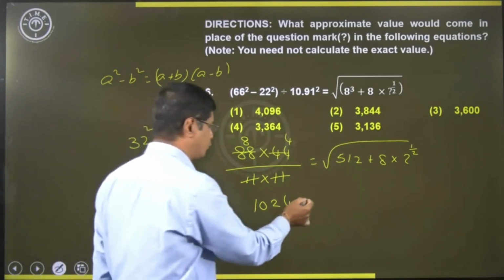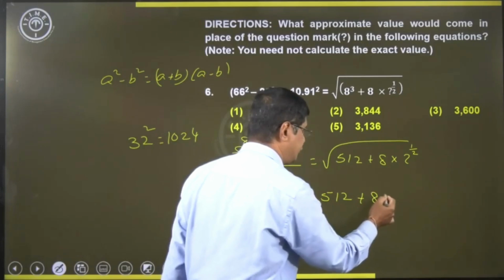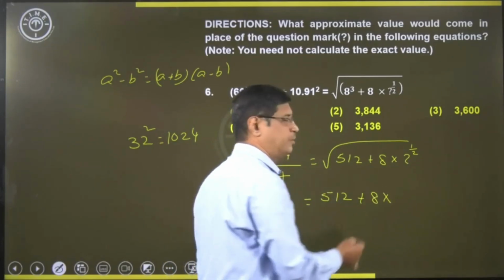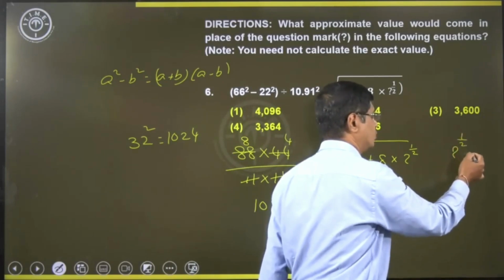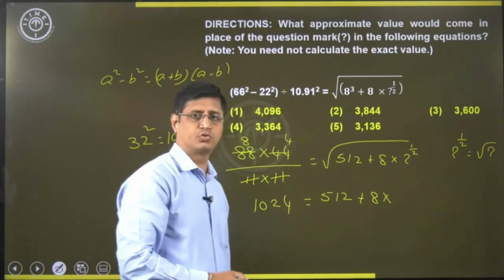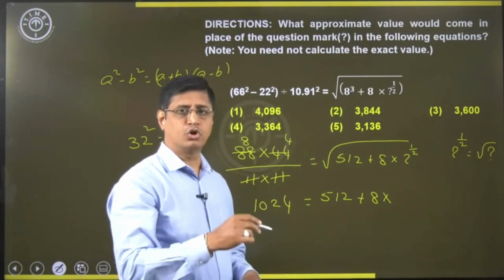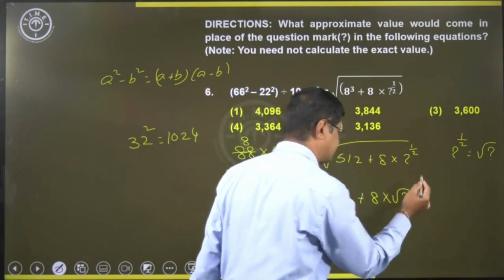So 1024 is equal to 512 plus 8 into, what do you mean by question mark to the power 1 by 2? That is equal to root question mark. Square root of question mark is equal to question mark to the power 1 by 2. Now here root question mark.